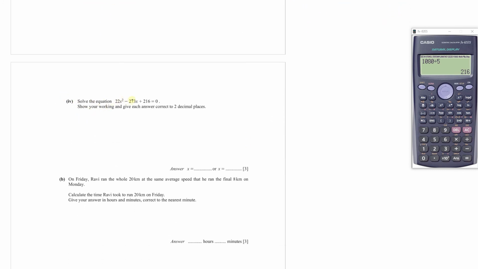So we can use the quadratic formula. So x will be minus b, minus 273, plus or minus the square root of minus 273 squared minus 4ac, 4 times 22 times 216, and then divide by 2a, 2 times 22.